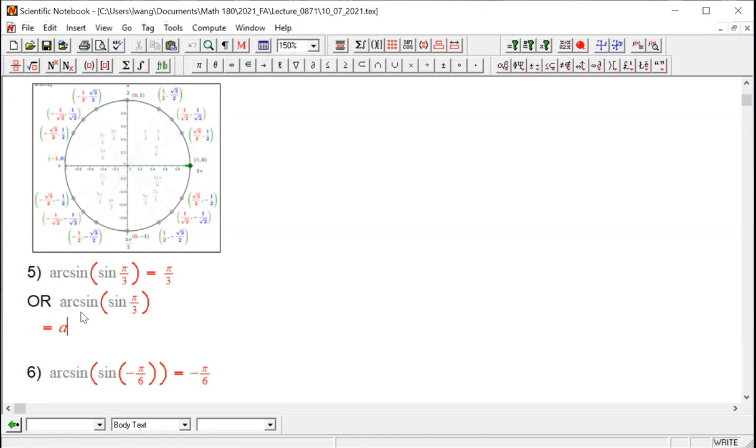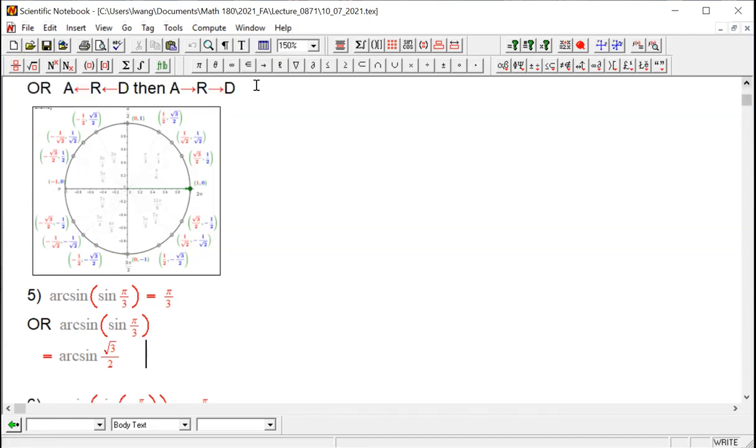You first do the arcsine. You do the inside first. Sine pi over 3 is root 3 over 2. Root 3 over 2. You do the ARD. So that's ARD. Do you follow me? That's ARD.